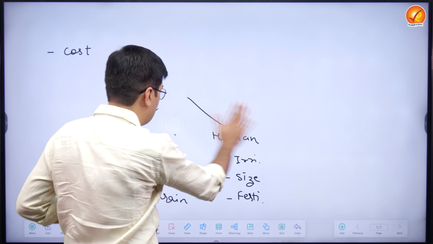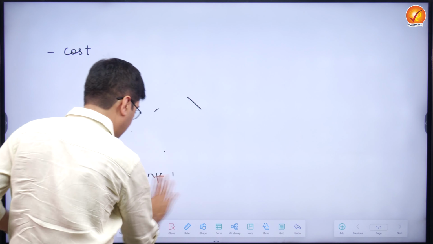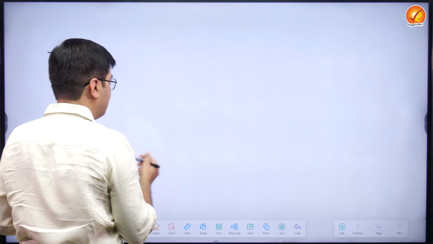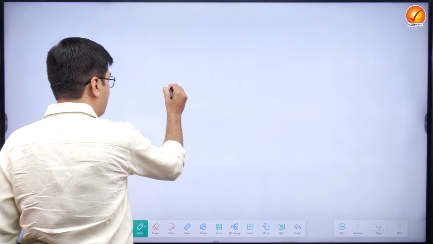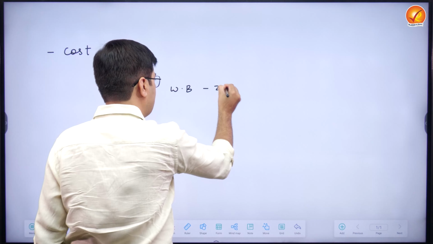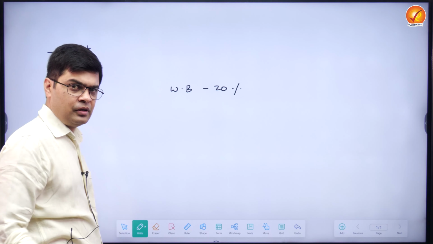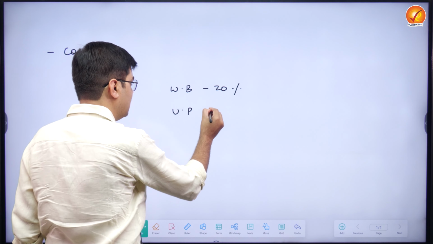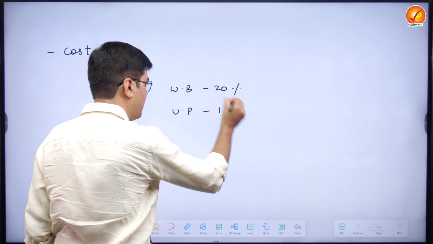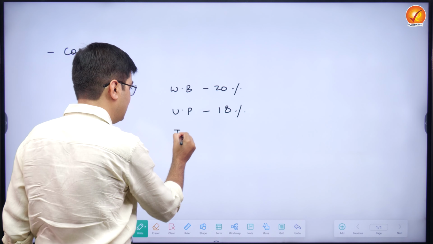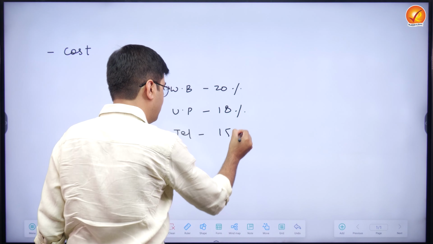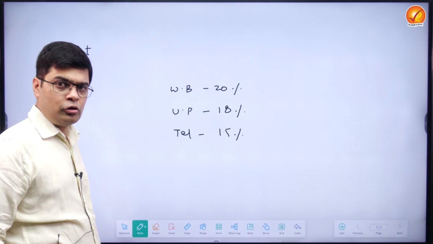That means, suppose hypothetically, we have a case that West Bengal contributes around 20% to the total paddy production. UP contributes, let's say, 15 or 18% of total paddy production. Or let's say Telangana contributes 15% of total paddy production.